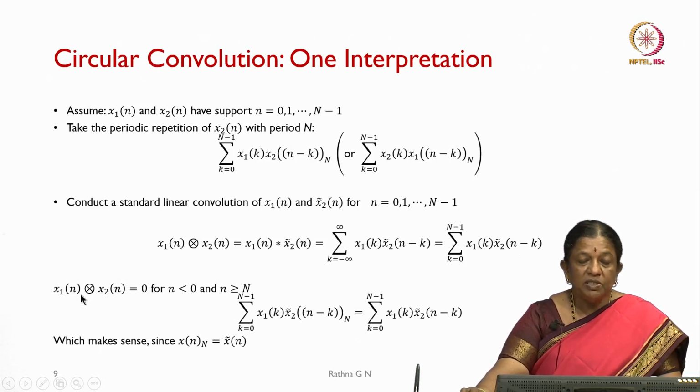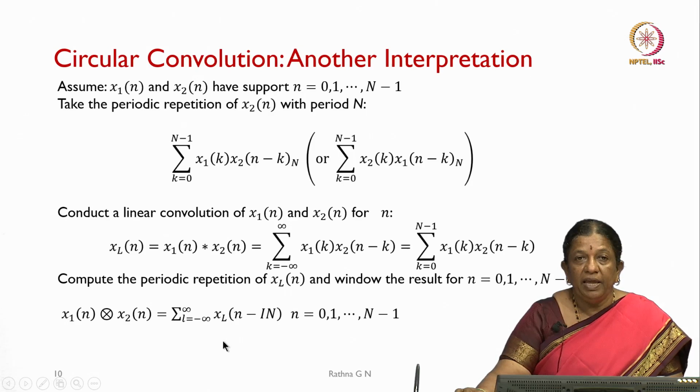The circular convolution is going to be 0 for n less than 0, that is what we have assumed, and for n greater than or equal to N. That makes sense, since x of n modulo N is nothing but our repetition x tilde of n.